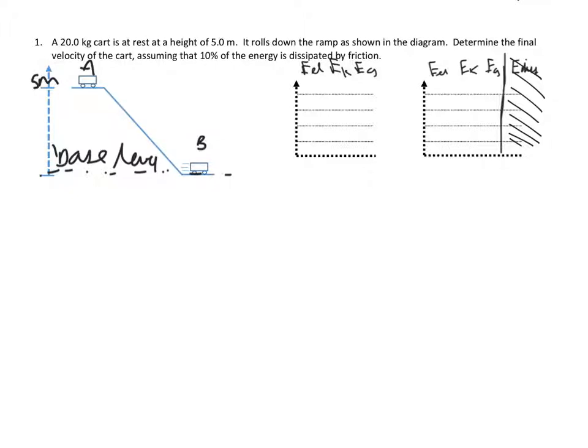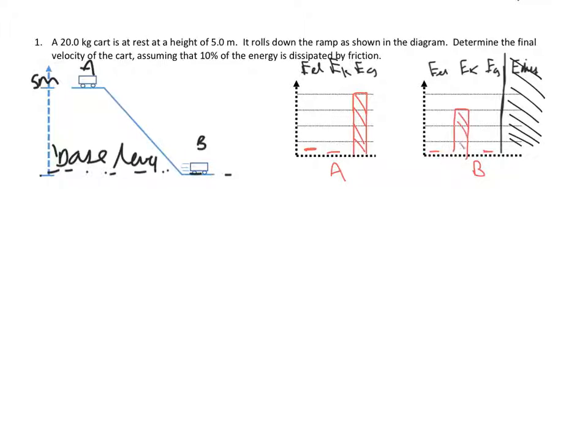Okay, cart is at rest, but it's at a height of 5 meters. So if it's at rest, there's no kinetic energy, there's no spring. All of our energy is gravitational potential energy at A. At B, it's at the base level, so there's no longer any gravitational potential energy. There's still no spring. It is moving, but it's also lost energy.